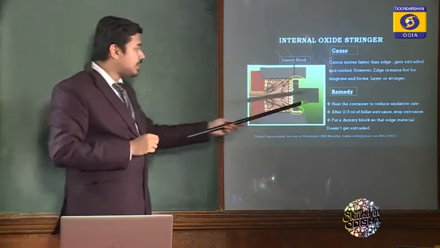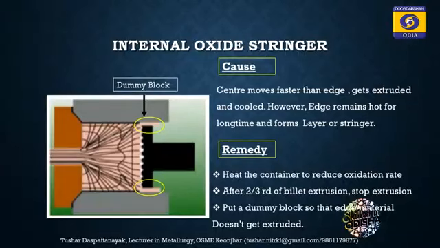What is the remedy of it? Remedy is heat the container so that we can maintain uniform temperature throughout the cross section, so that rate of oxidation will be reduced. Number 2, what is the thumb rule? After 2/3 of the billet is extruded, stop the extrusion.